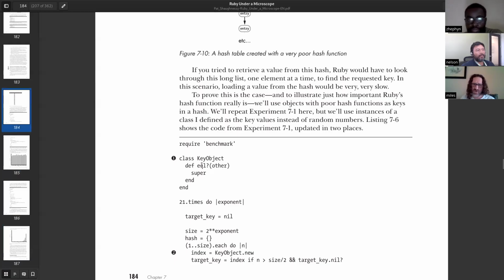In fact, a common way that equal is taught, or that I remember equal being taught, was that this is a stricter form of equality than the equals equals operator. And I find that kind of confusing. I think it's better to just communicate equal in terms of hash table usage.